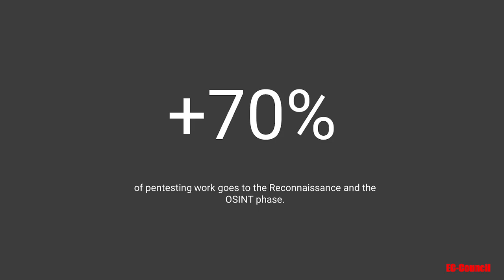You can say it is an authorized simulated cyber attack on some company or an organization's IT system to evaluate the security of the system. This task requires a proper preparation with the reconnaissance phase, and the open source intelligence tools and techniques are the go-to methods for penetration testers.